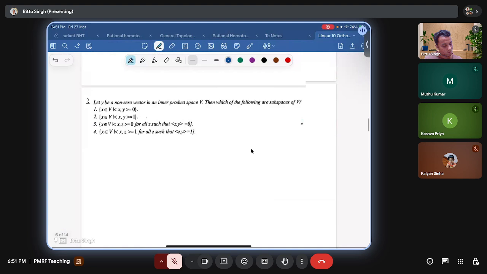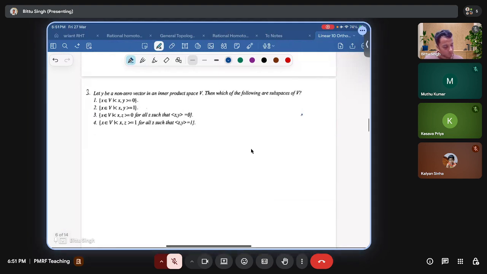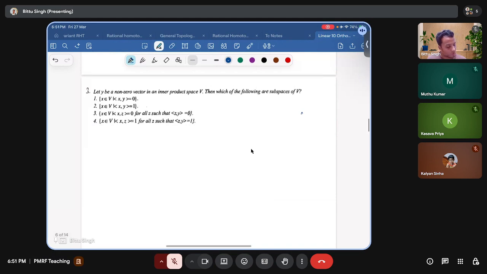Okay, let us look at this problem. Here we need to see which of the following are subspaces of V. Can you tell me which of the following is actually a subspace of V?